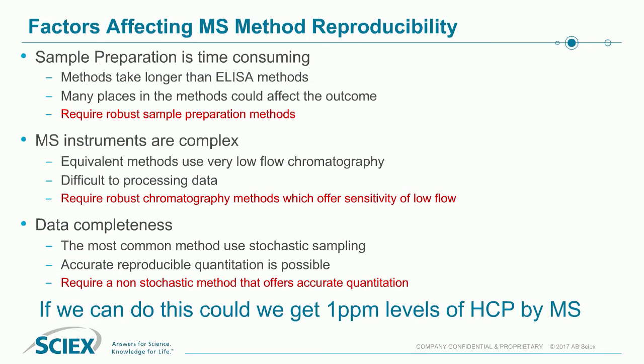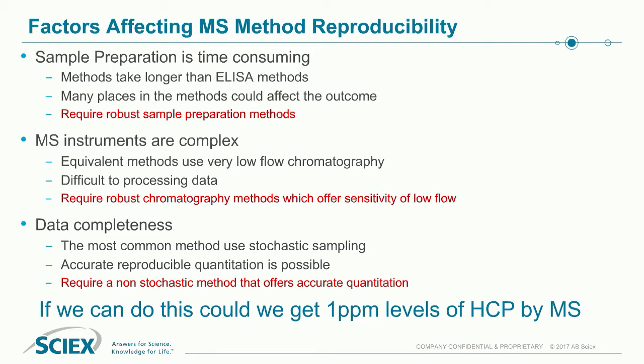The last area really was data completeness. So this is an issue with mass spectrometers in most of their methods that are used in HCP, is that, as we heard earlier, they generally will select peptides based on their mass in a single scan, and then do fragmentation for identification. This is essentially a random process.